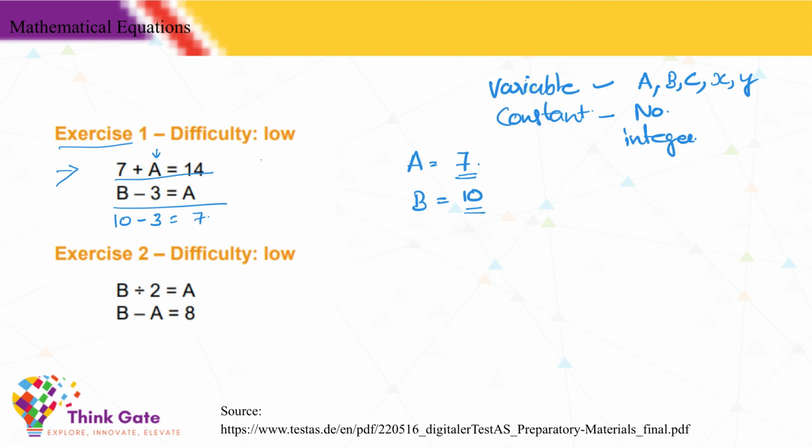In this second example, we have two equations and both variables are available in these two equations. We'll start by taking up any equation first. So we extract the value of b from here, it becomes b is equal to 2a, and we substitute this value here, so 2a minus a is equal to 8, which makes the value of a equal to 8.